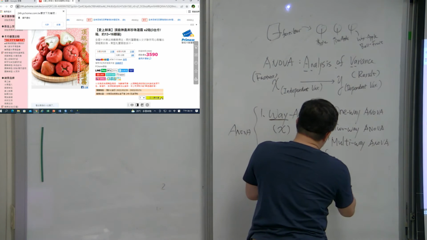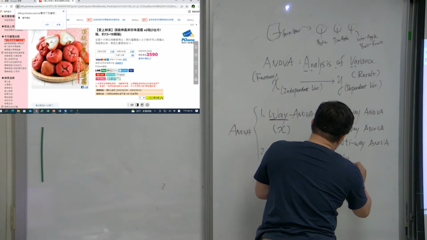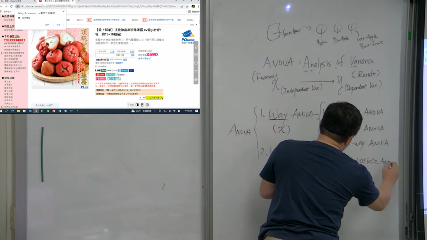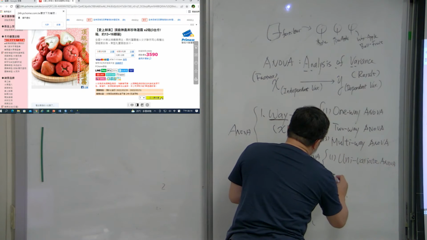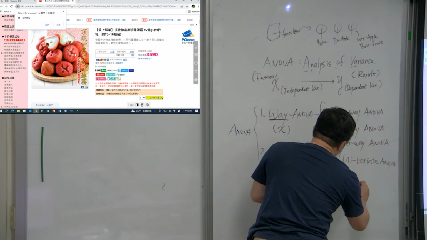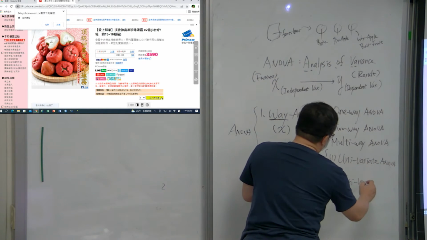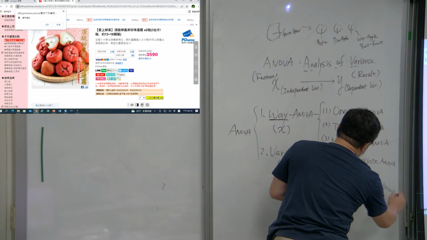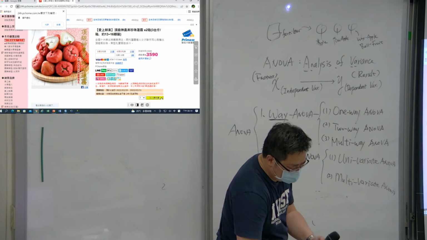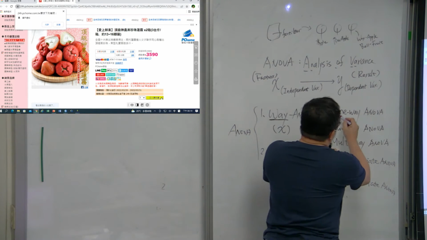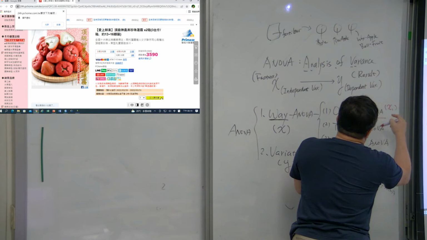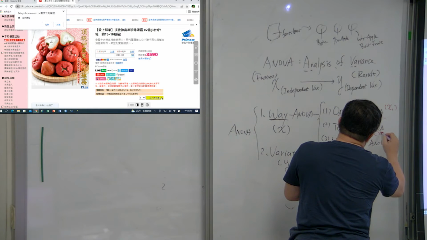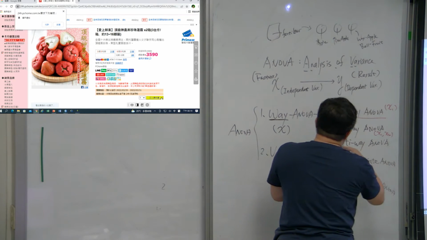That is the bear rate, and the bear rate includes univariate ANOVA, multivariate ANOVA. Actually, one way ANOVA, you are talking about 1x. Two-way ANOVA, you are studying about 2x.